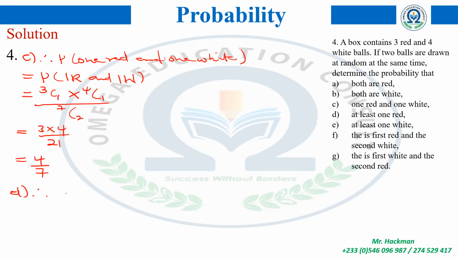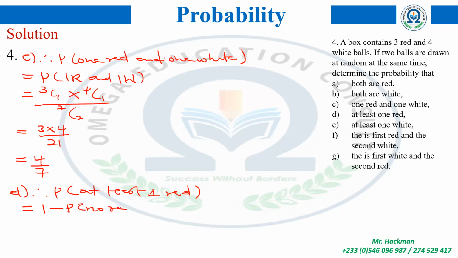So let's go. D, we are looking at P of at least 1 red. Immediately you see at least, we know what we are going to do. We won't stress ourselves. We know the relation. It will be 1 minus P of no red.